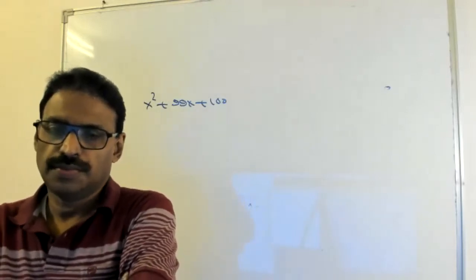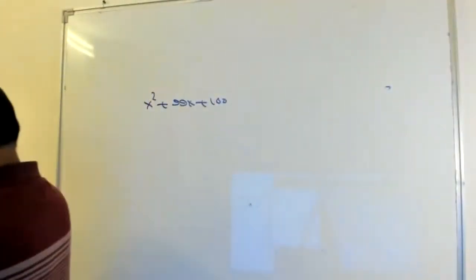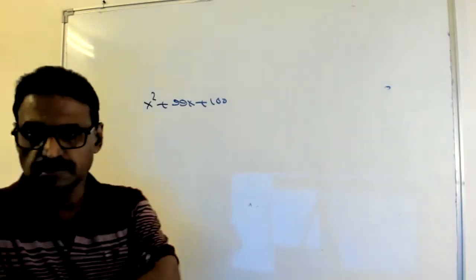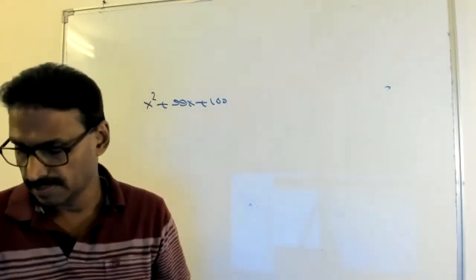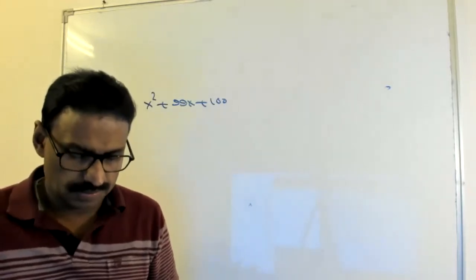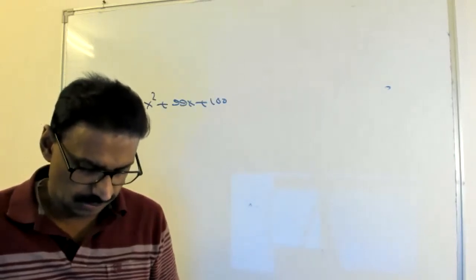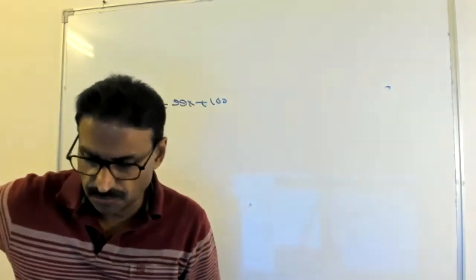Come on, others. Aisha, any suggestion? At least you can suggest, no? Hello, Dhruv, Daksh, Yasri. C is correct, meaning one positive, one negative.